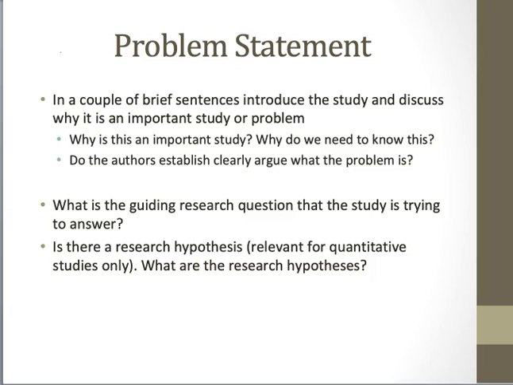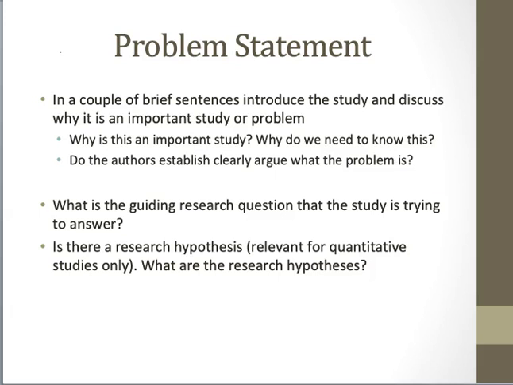When you're talking about this, I really just want you to read the first section of the article and then think about whether the authors make a very clear argument or a clear case about the importance of the study and the problem that they are addressing. For example, if it's an intervention, are they talking about what problem this intervention is going to address and why this is an important intervention?